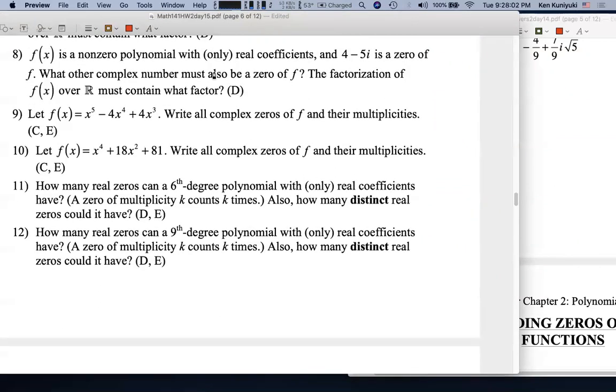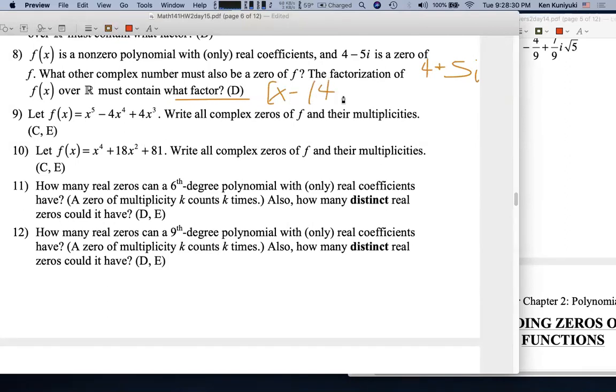Hey, folks, you have this kind of nice polynomial. If 4 minus 5i is a complex zero, what else must be a complex zero? The complex conjugate, 4 plus 5i. Now, I may not have stressed this in class, but the factor theorem does work with imaginary zeros. So basically, when you get this factor over the reals, you want to deal with x minus the quantity 4 minus 5i.